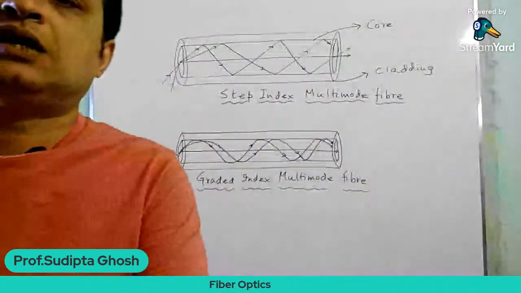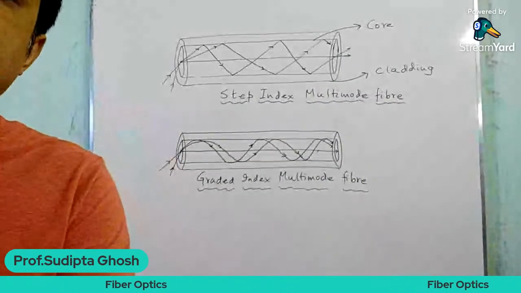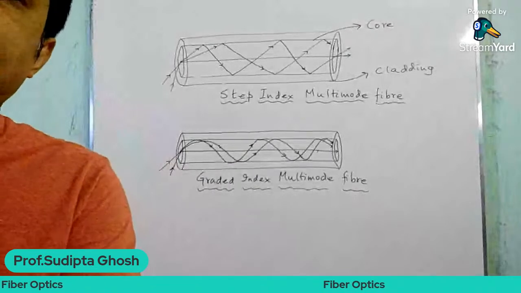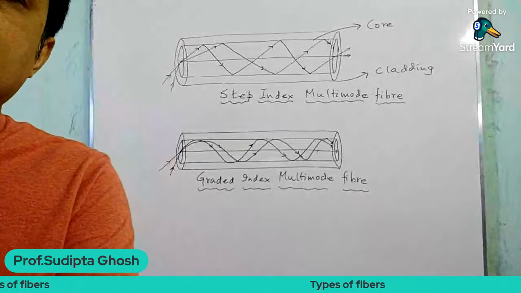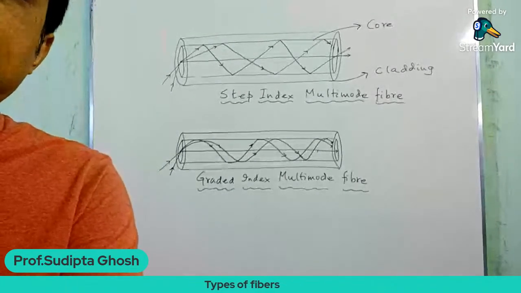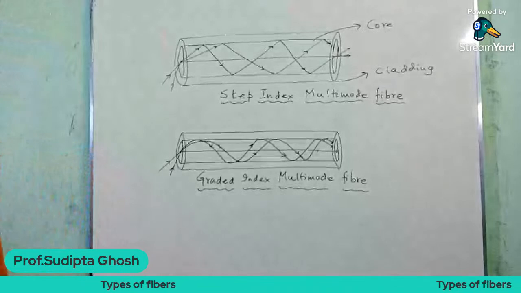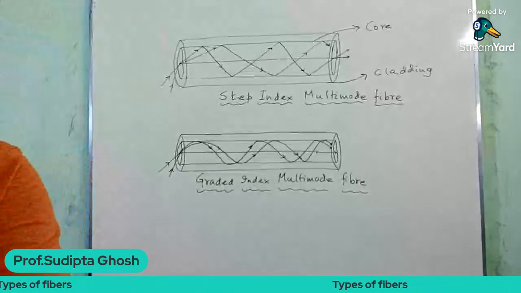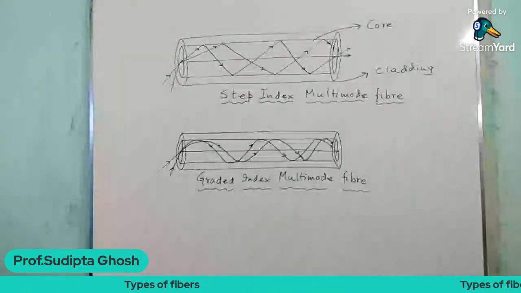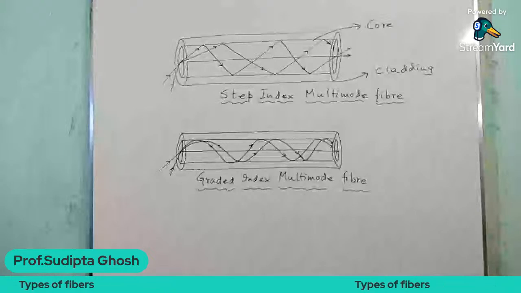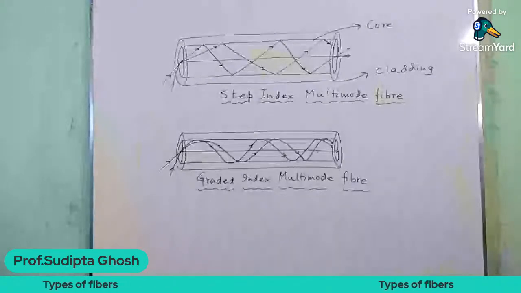Now let's talk about the different types of fibers. As I have told you, depending upon the refractive index profile and the number of modes of propagation within the fiber itself, we can divide optical fibers into three types.